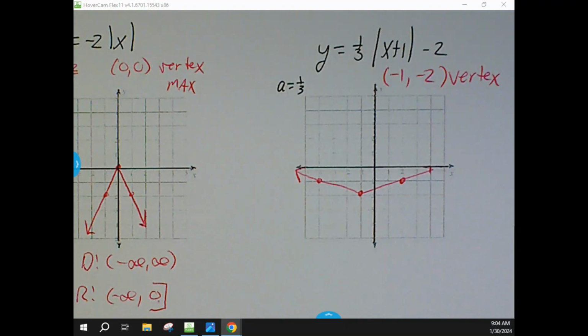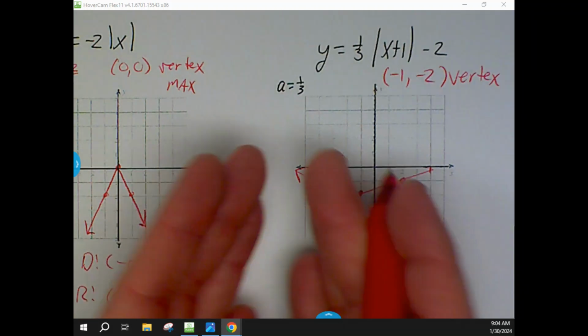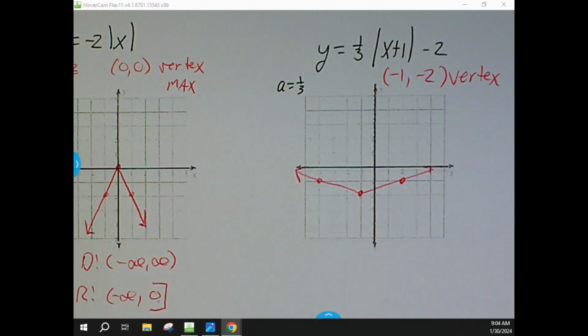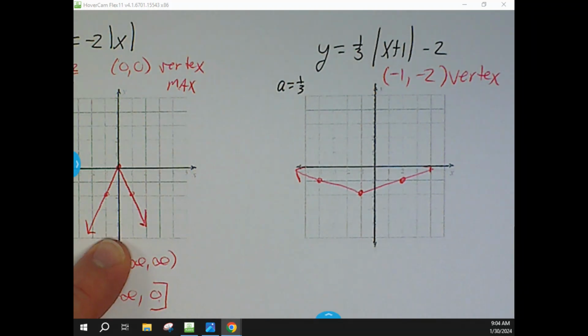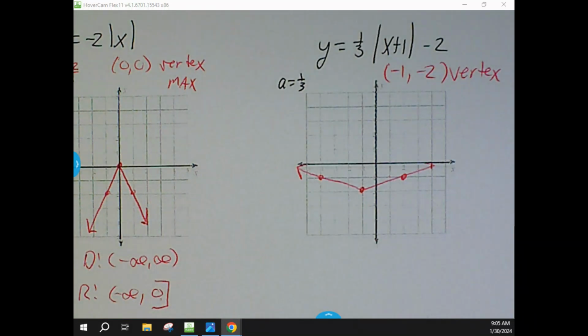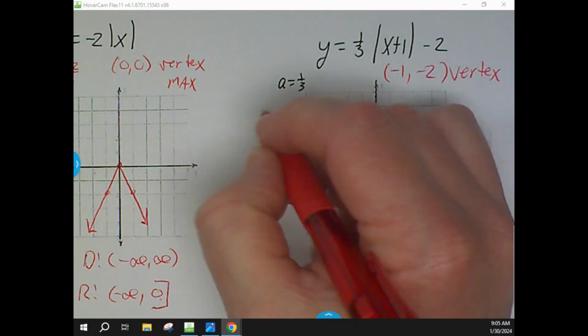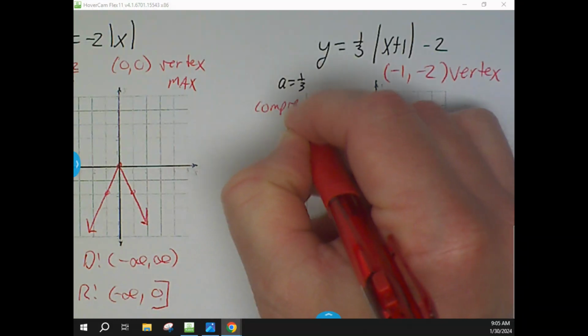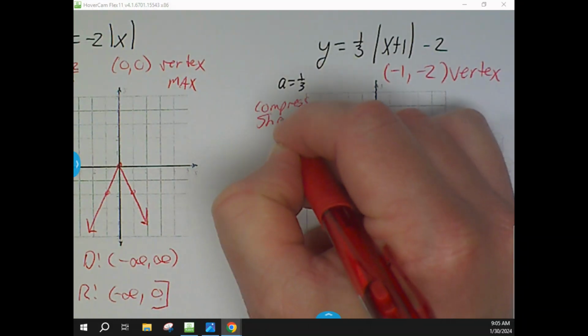This is where the a value is less than 1, the stretch or the shrink in this case. This is where you can tell that it's compressed, that this thing is now out really wide compared to how this one looks. So if it goes out wide like it is here, that's where we would talk about this thing being a compression or a shrink, whichever way they want to say it.